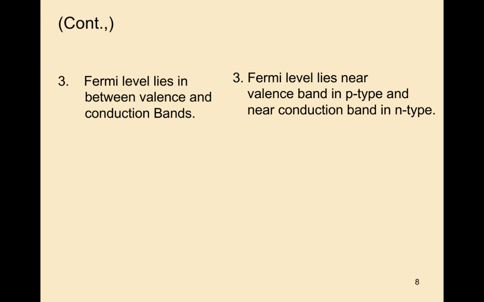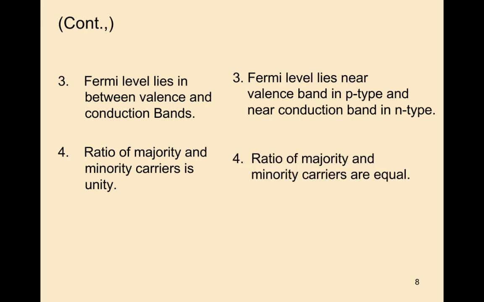Next difference: the ratio of majority and minority carriers is unity in intrinsic semiconductors, while in extrinsic semiconductors it is not. These are the important differences between intrinsic and extrinsic semiconductors.